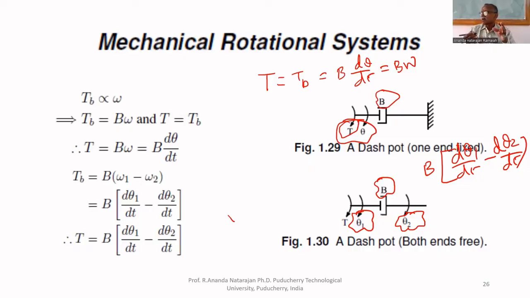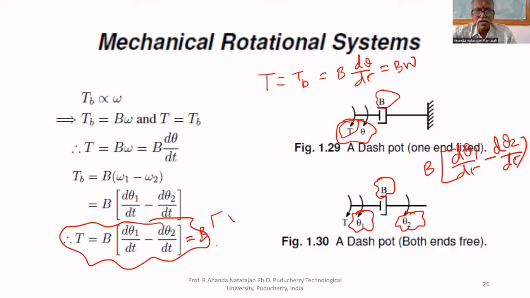The applied torque side must be taken as positive, and the other end as negative. If both ends are free, the mathematical model is torque equal to B d theta 1 by dt minus d theta 2 by dt, or B multiplied by omega 1 minus omega 2. That's all.